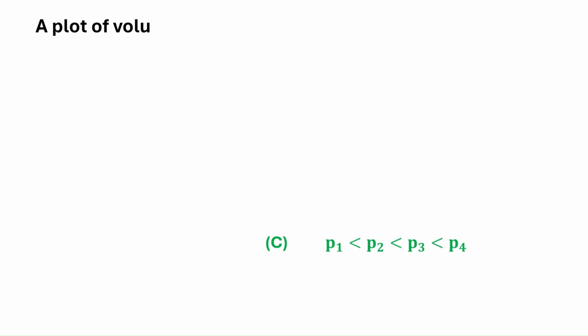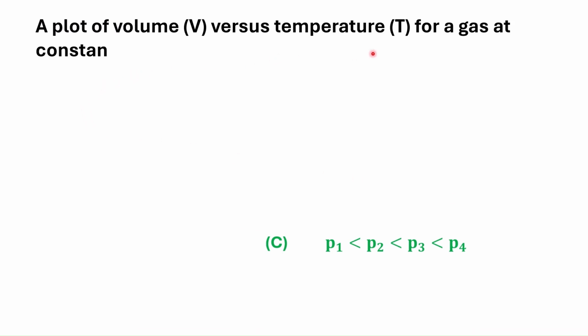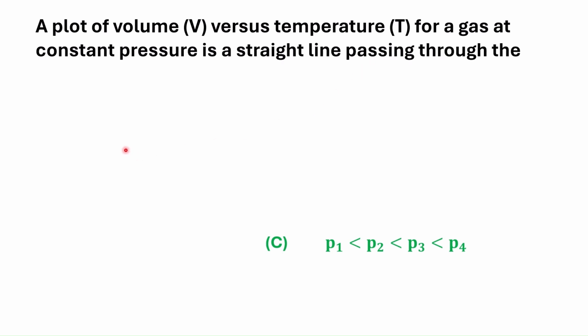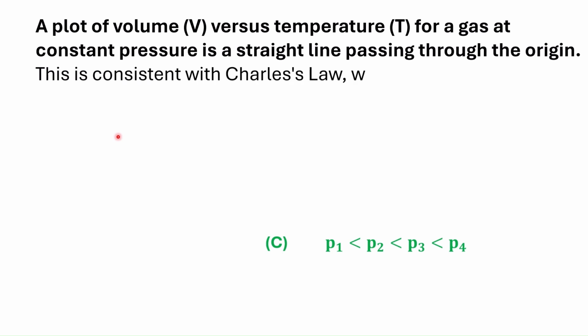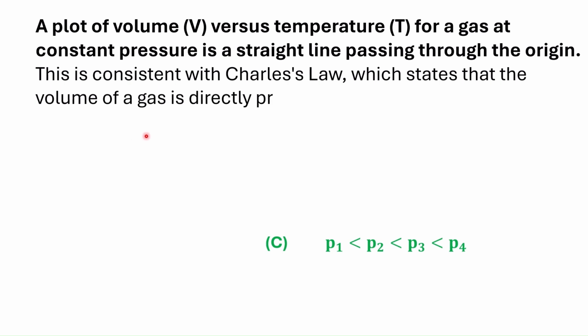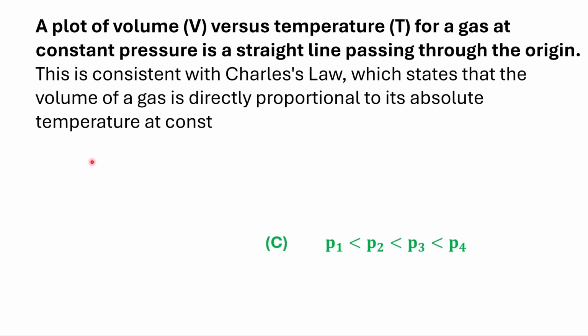So the explanation for this is represented here. The explanation is that a plot of the volume versus temperature for a gas at constant pressure is a straight line passing through the origin. This is consistent with Charles' law, which states that the volume of a gas is directly proportional to its absolute temperature at constant pressure.